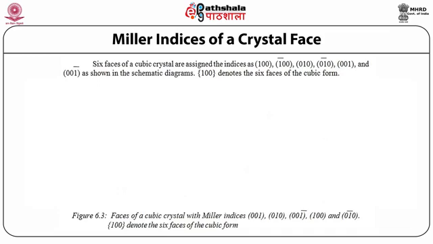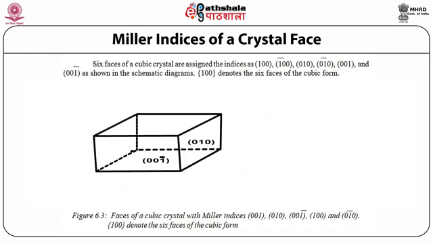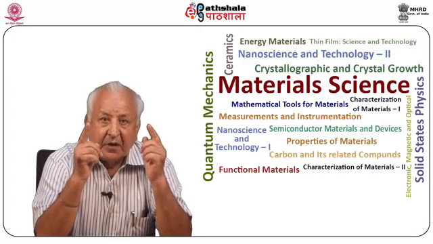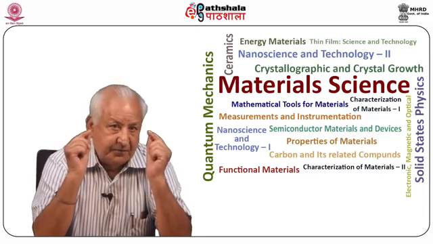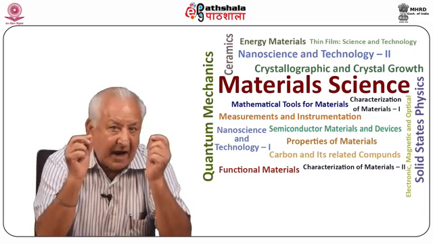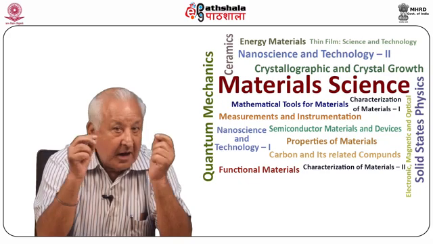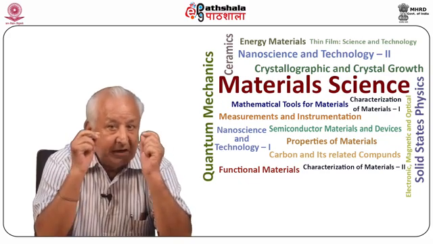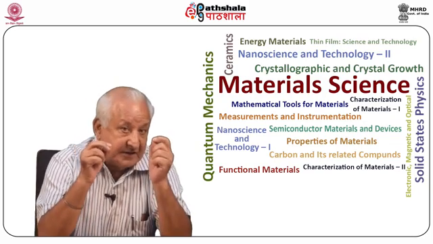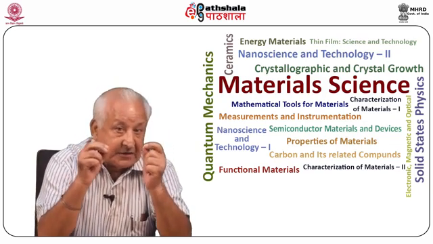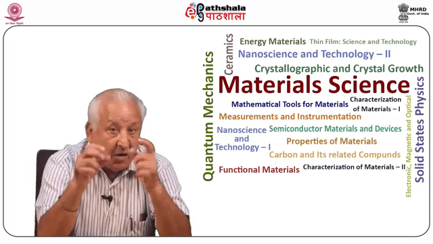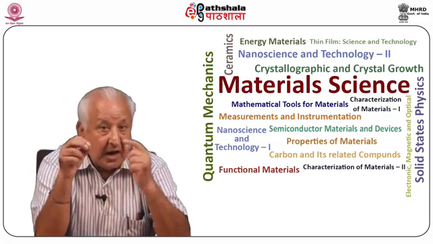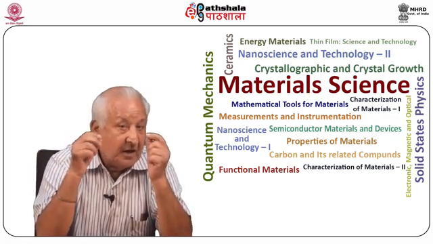The curly brackets {1 0 0} denote the six faces of the cubic form. In crystallography, it is conventional to write the minus signs above and not before the Miller indices. The digits of the six faces of a cubic crystal are 1 or 1 bar and two zeros.